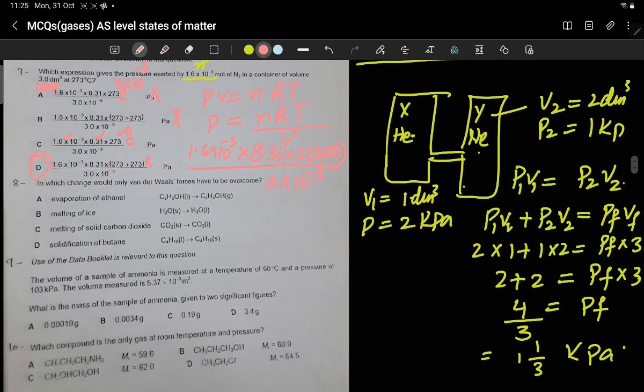Next question: in which change would only van der Waals forces have to be overcome?